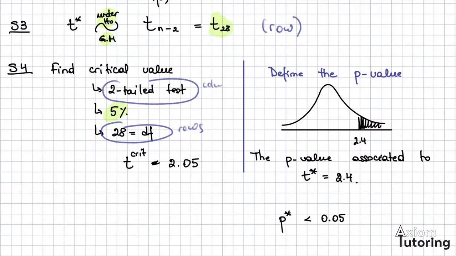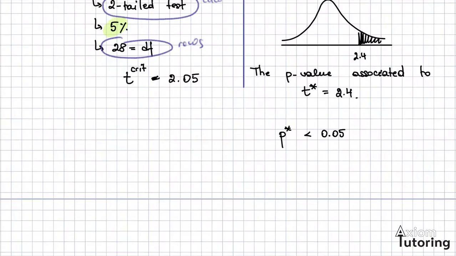This is very clearly a case where we have something that is smaller than our p-critical of 5%. In this particular case, you don't really need to draw the graph much, because it's very clear that we will reject the null hypothesis.